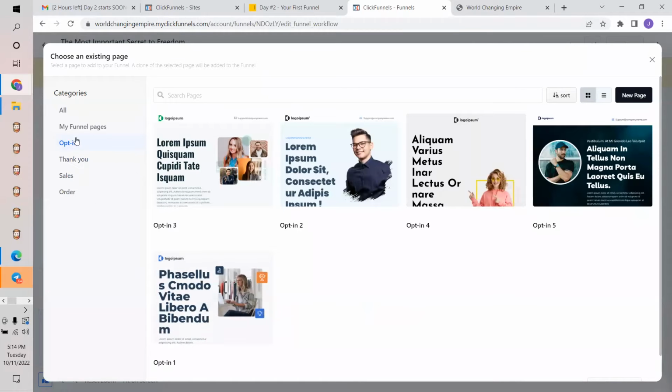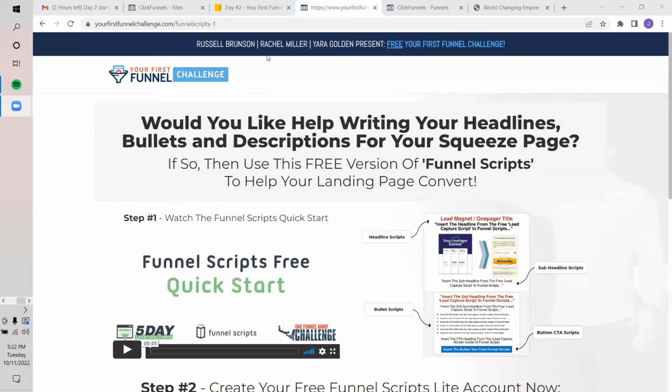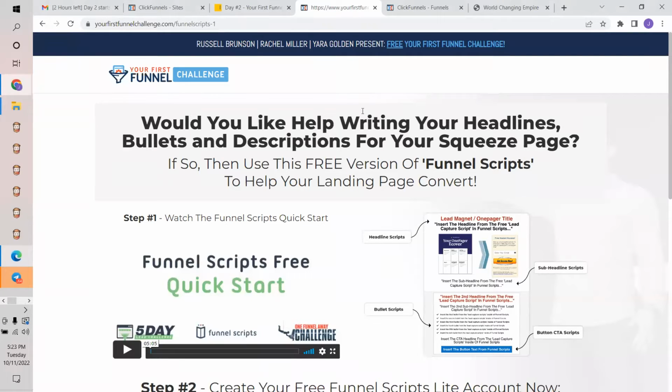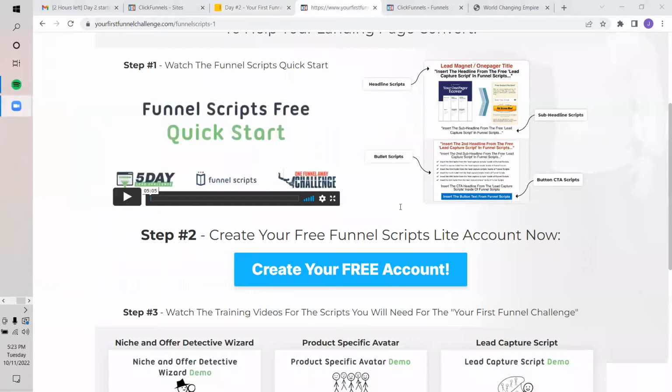So, there's a lot of options right here. Okay, so the next step is to put together what I'm actually going to write for the funnel. Luckily, we're going to use another source for all this, and this is called Funnel Scripts.